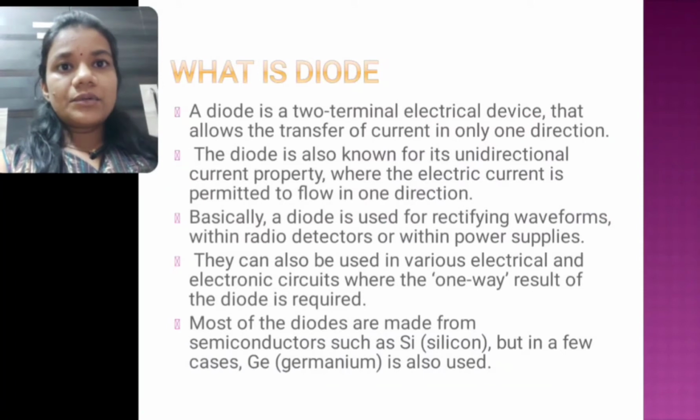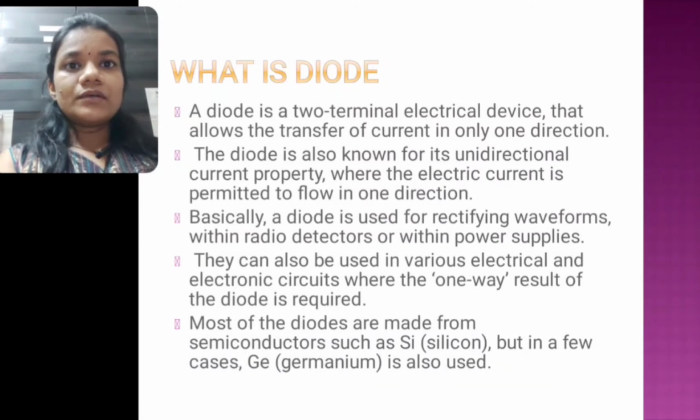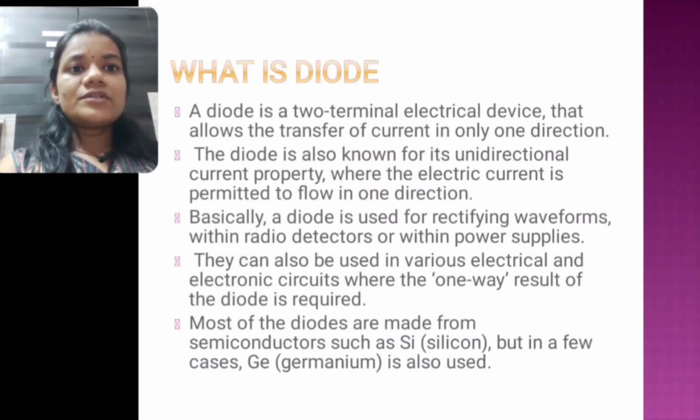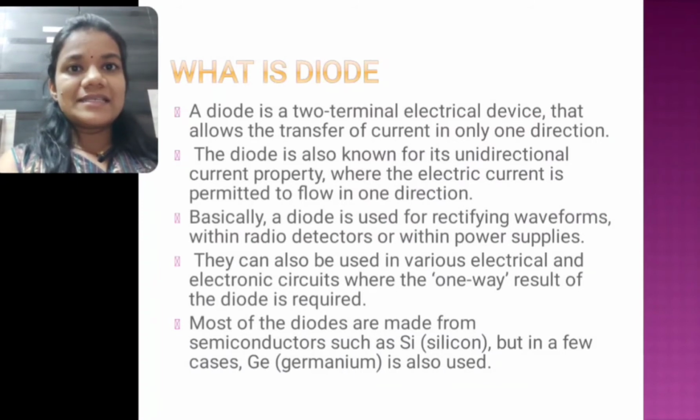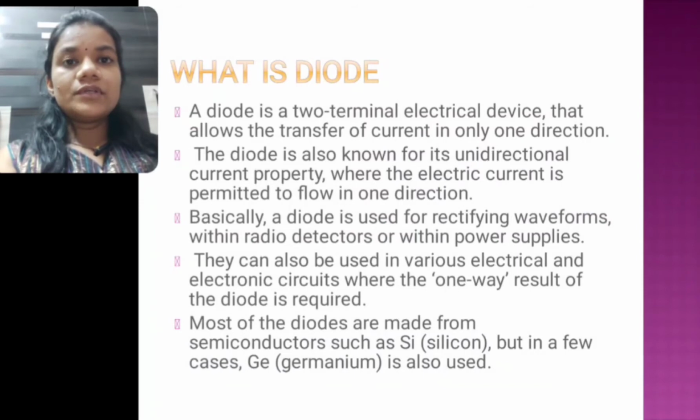The electronic circuits which may require unidirectional flow of electrons, or the one-way current flowing property, may use diodes. Most diodes are made from semiconductors such as silicon, Si, and a few are made of germanium, Ge. So a diode can be manufactured from silicon or germanium material. So it is all about diode.